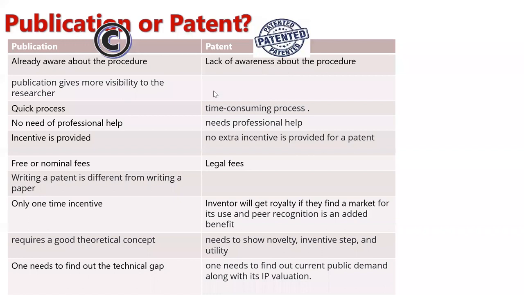But as I said, it includes some legal issues, so you should not be totally dependent on the IPR cell team or the attorney. You should also know what you are writing in the patent, and it should not infringe on other persons.